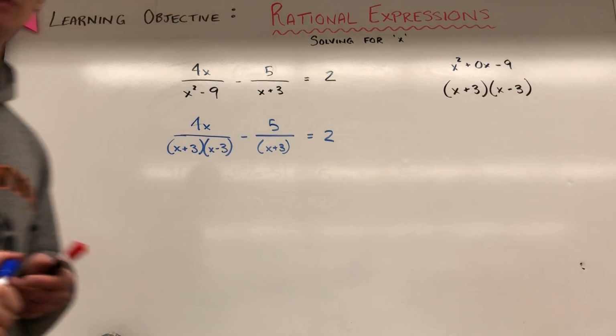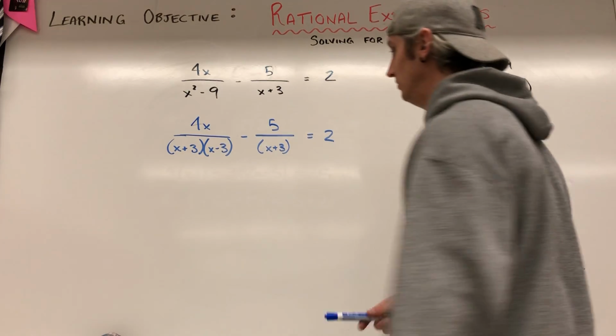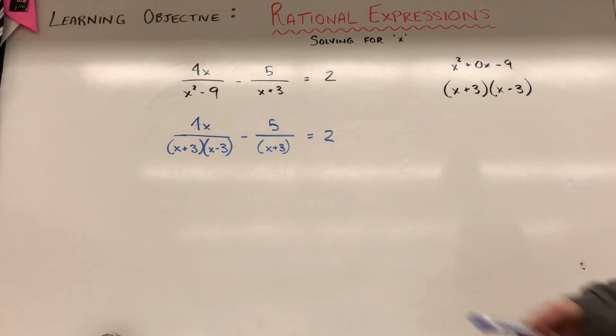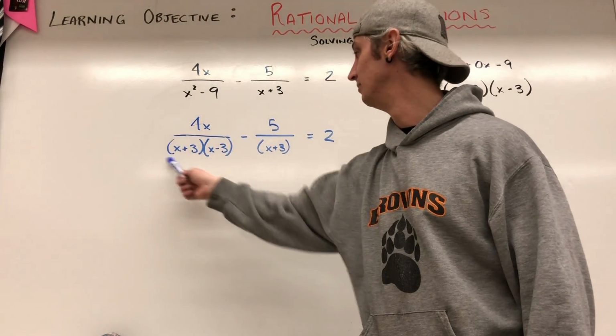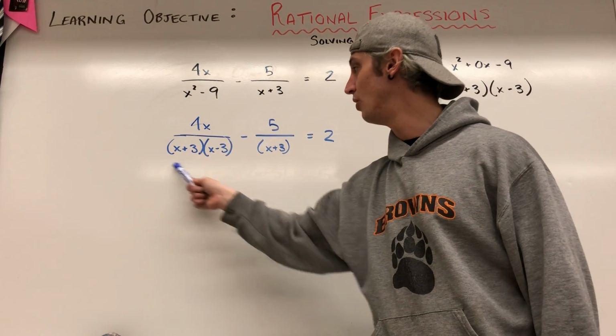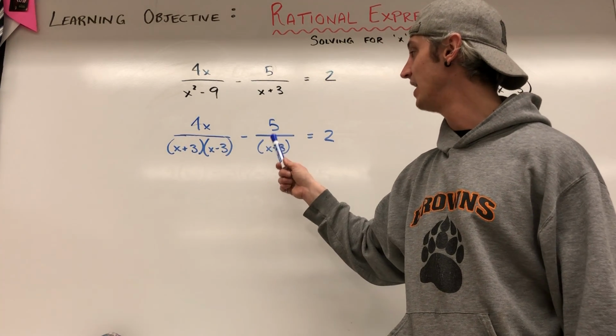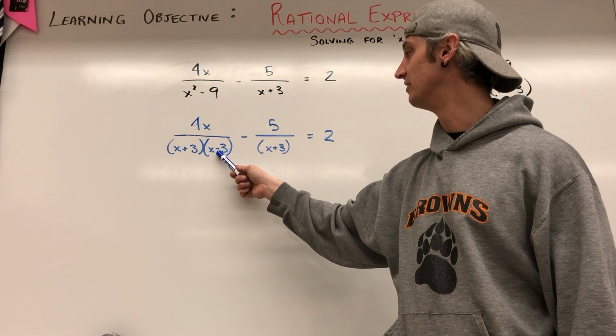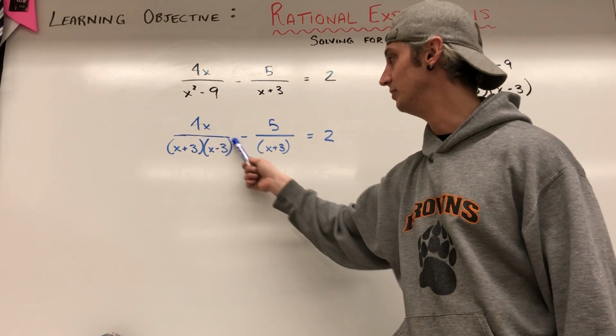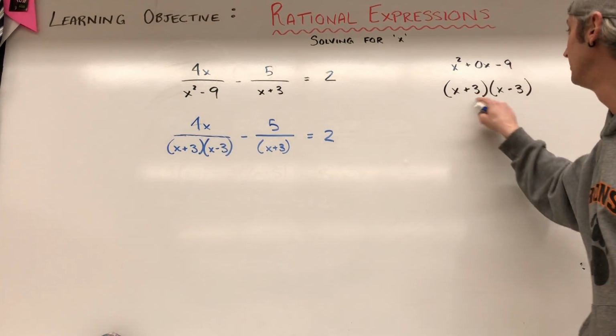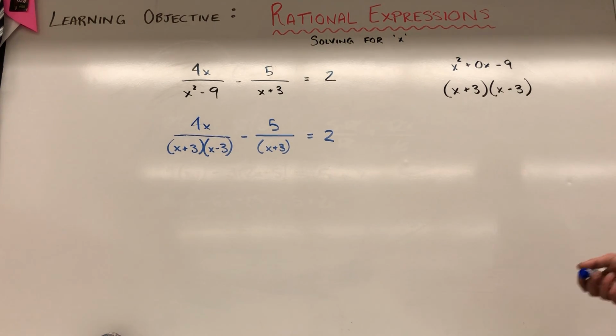So what is my lowest common denominator here? Well, it's going to be this, because x plus 3 is a component of this, but x plus 3 would need an x minus 3 in order to become this. So x plus 3 times x minus 3 is my lowest common denominator.